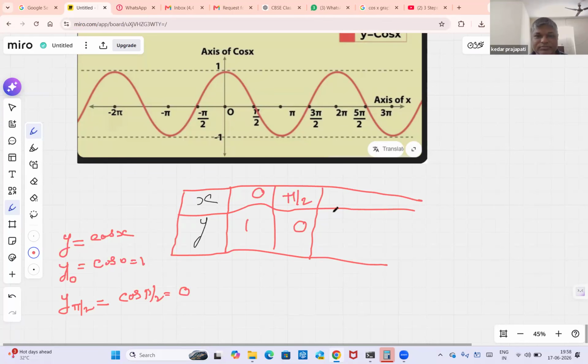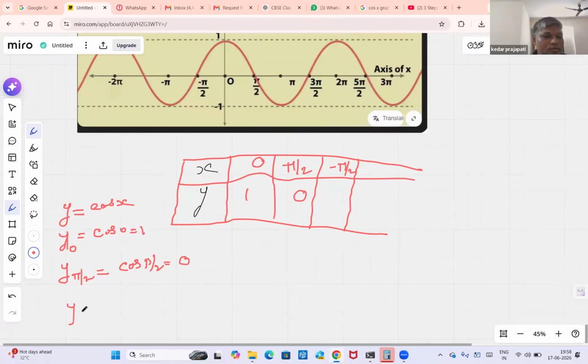So we got two points. Now I want to check it at minus pi by 2 also, minus 90 degrees. So y at minus pi by 2 is cos of minus pi by 2.